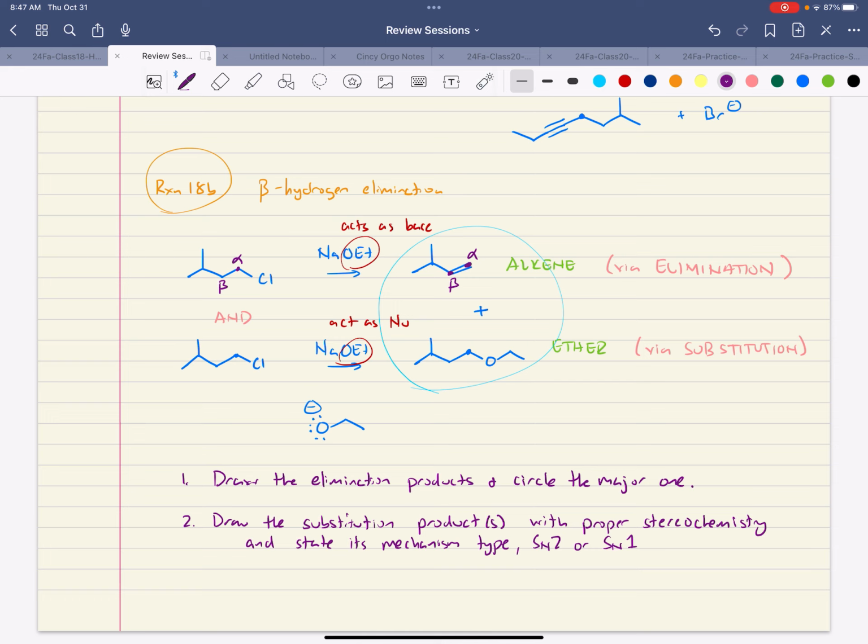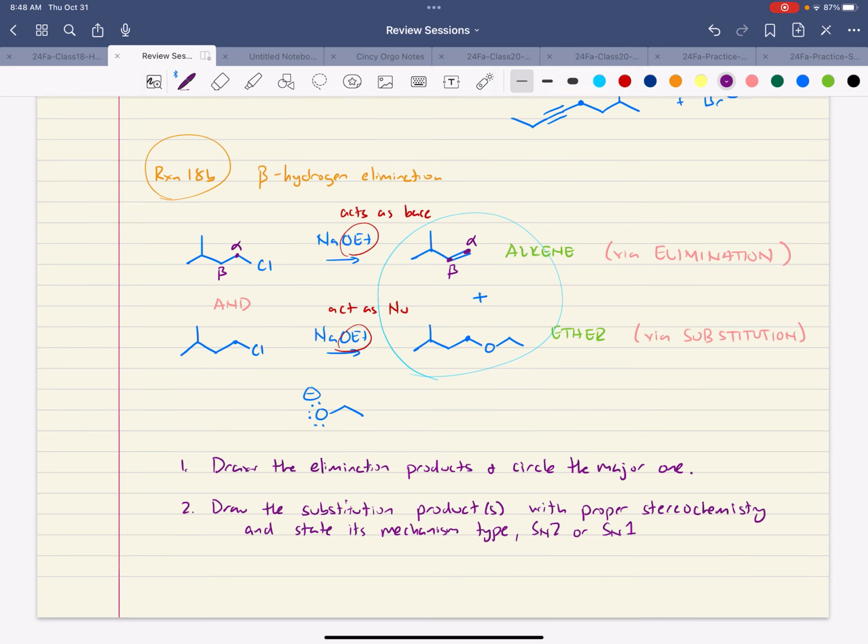And so those are the two types. That's the formatting of how I would ask you to draw the products for a reaction that could possibly give us both elimination or substitution, but for each question that deals with that, I will explicitly ask for either the elimination or the substitution.